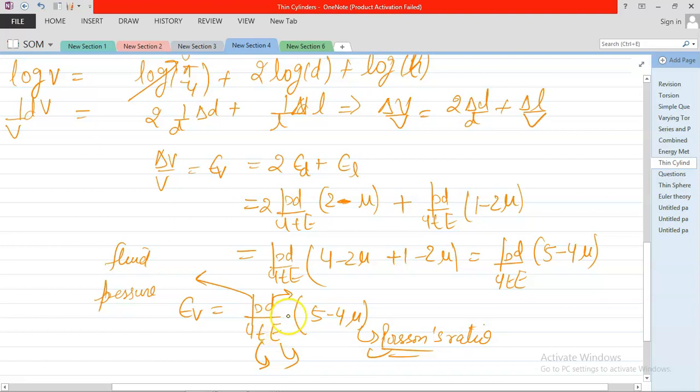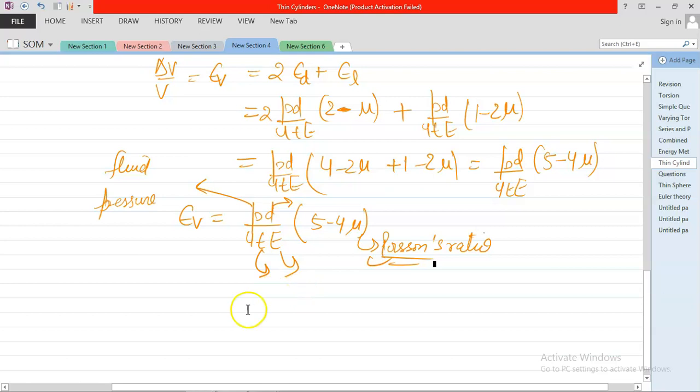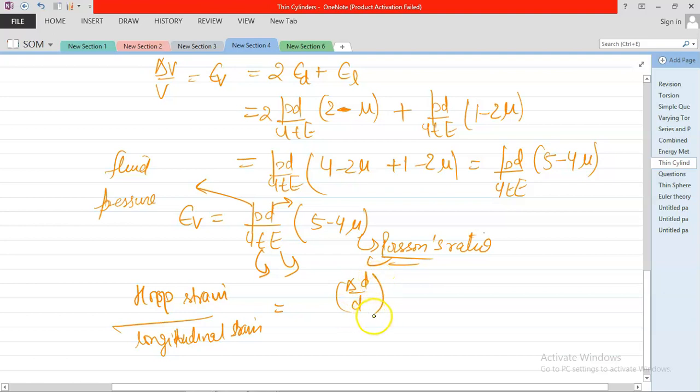Suppose there is also one thing. What is the ratio of hoop strain to longitudinal strain? Hoop strain we can call delta d by d because it is in the direction of hoop stress or circumferential stress, and longitudinal is delta L by L. This value is PD by 4TE times 2 minus mu, and this value is PD by 4TE times 1 minus 2 mu.